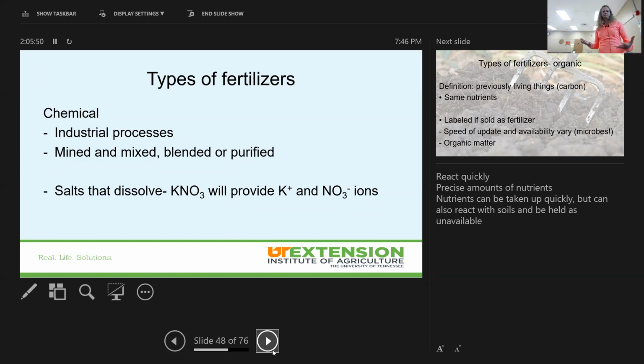The salts dissolve the potassium nitrates and make the potassium and the nitrogen ions available to the plant. It has to go through a process in the soil to break down and be available to the plants. This is where all that chemistry comes in and starts getting confusing.